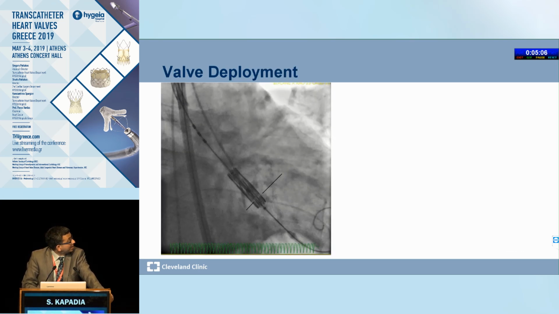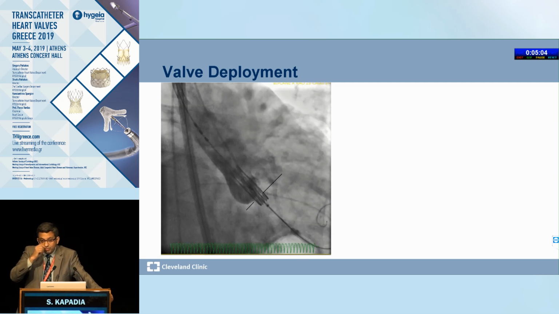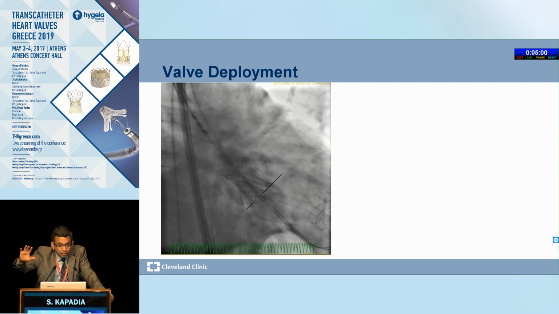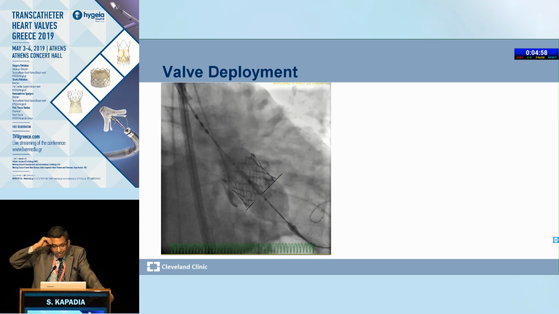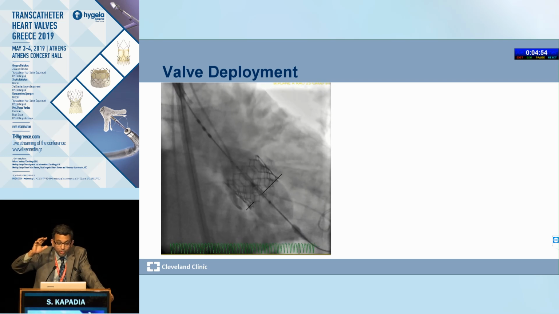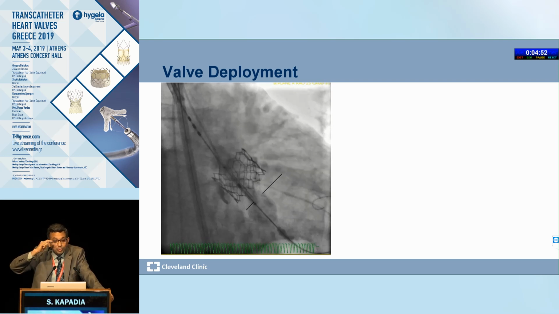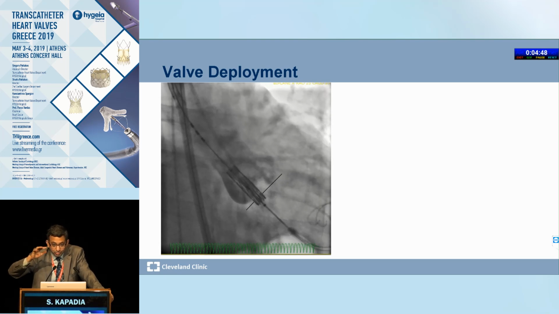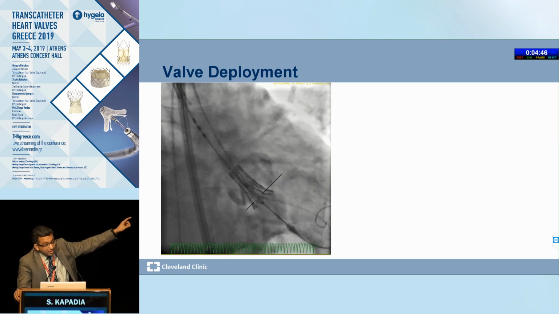Once you have done that, this is another very different thing than what you're used to. A lot of people do valve deployment in a coplanar view. I don't understand why. We have a biplane room, but I like to deploy it in a right cranio-caudal view. Here the valve is placed.